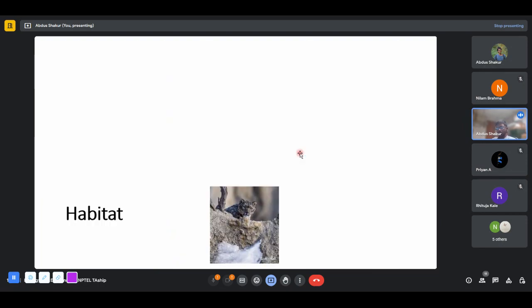So when you study most of the species, there is this term that comes up called habitat. Can someone say what is a habitat, or what do you think is a habitat of a species?